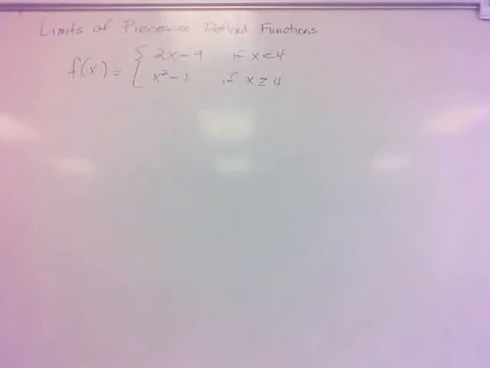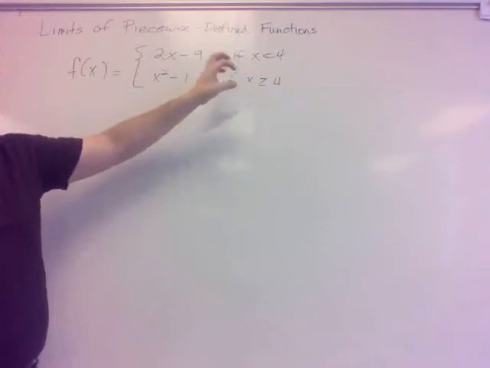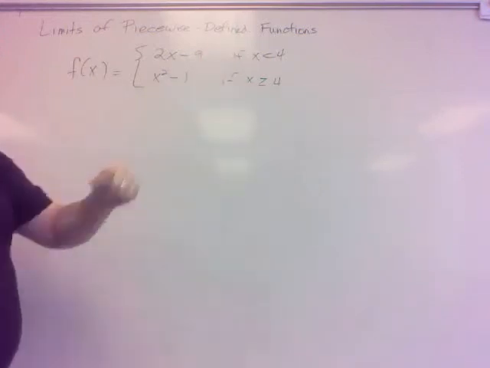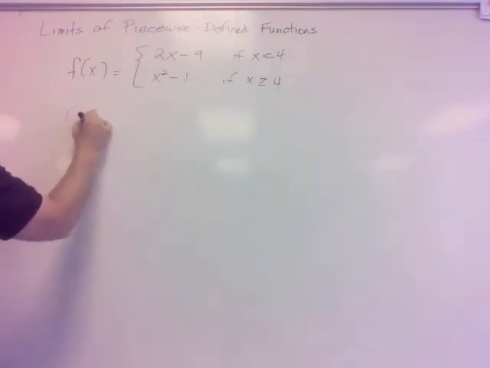The question on some of these anyway will be what is happening at basically where it breaks down. In this case, x is 4 is where we have the break of this piecewise defined function. So that's what we're going to examine here. First of all, number one, what is f of 4?